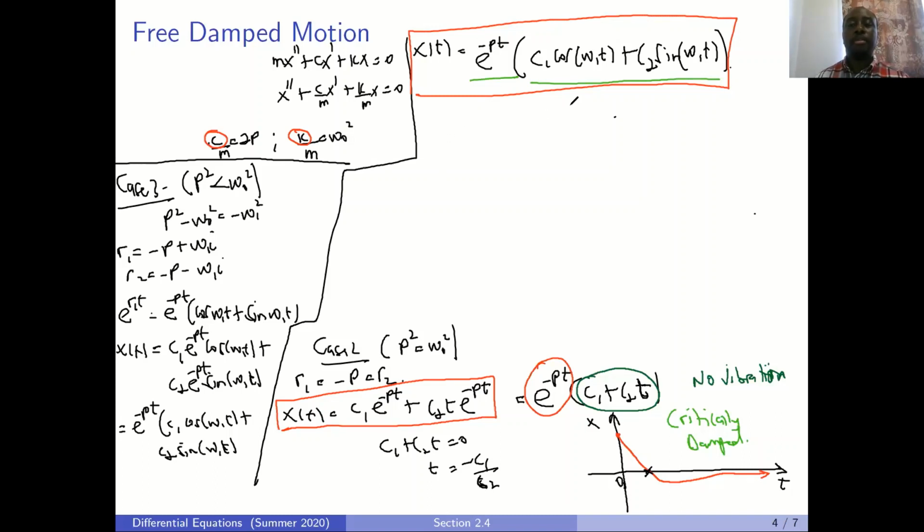Okay. So this suggests that the object is oscillatory, so there is some kind of vibration. But then the vibration does not persist because of this damping factor here.